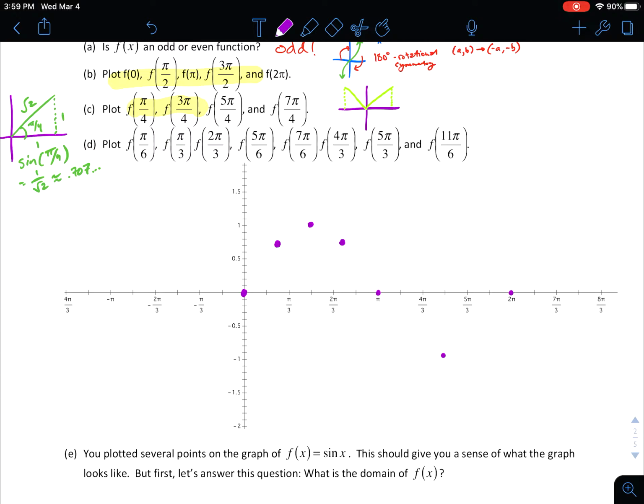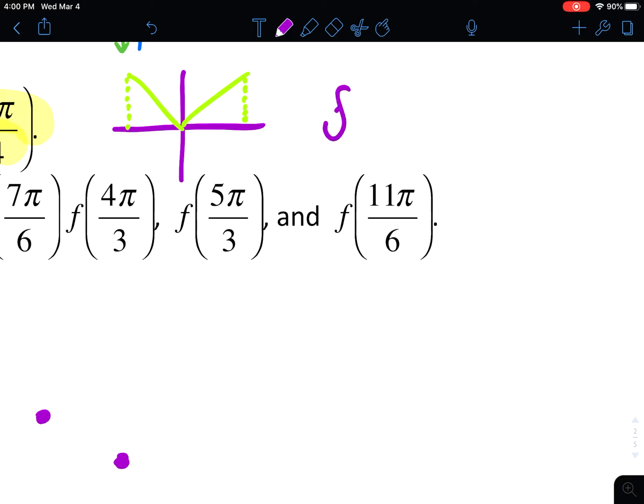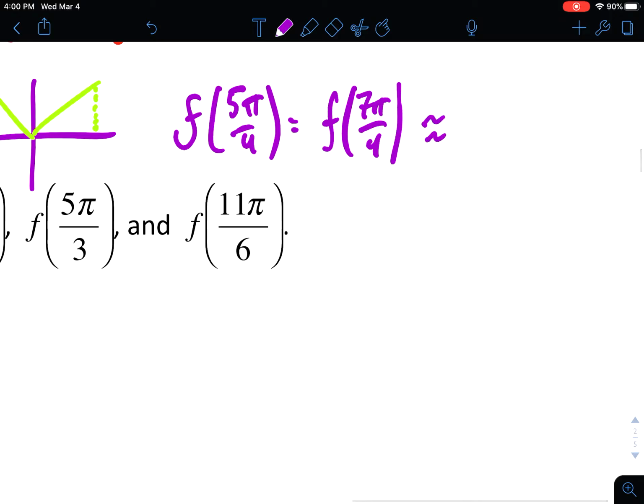All right, 5 pi over 4 and 7 pi over 4 will have a similar relationship and a similar value, except since they're in the third and fourth quadrants, they'll be negative. So we can know that f of 5 pi over 4 will be equal to f of 7 pi over 4, and both of those will be approximately negative 0.707.